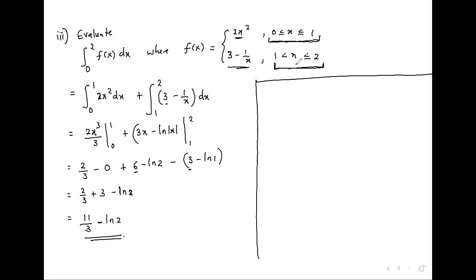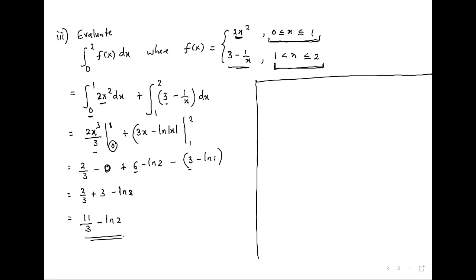We have said the function is 2x squared if x is between 0 and 1. So we're integrating from 0 to 1, the function 2x squared. So when I integrate it, I get this. So I substitute the limits. I start by substituting 1, then I get 2 over 3, minus I substitute 0, I get 0. Plus, so I'm done with the first part.